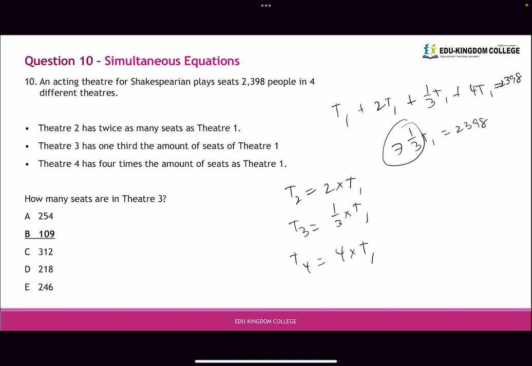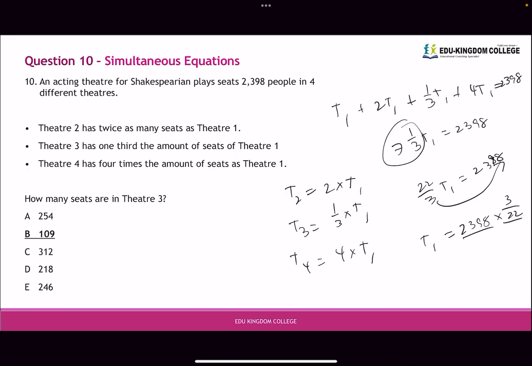Let's make this an improper fraction. So 22 over 3 T1 equals 2,398. Okay, if I carry this fraction over, it's going to flip. So it's going to become 2,398 times 3 over 22.